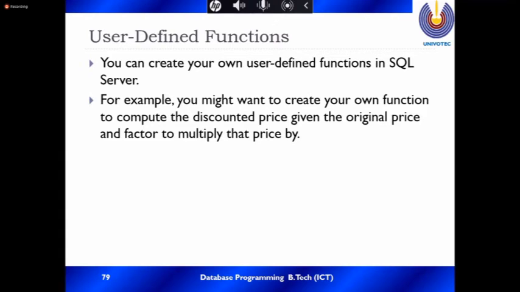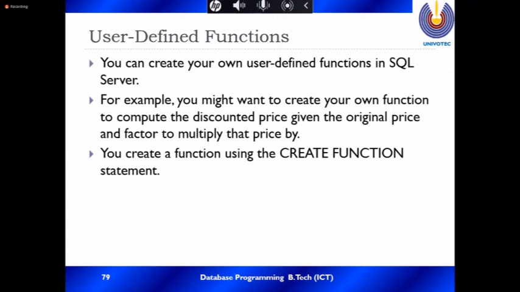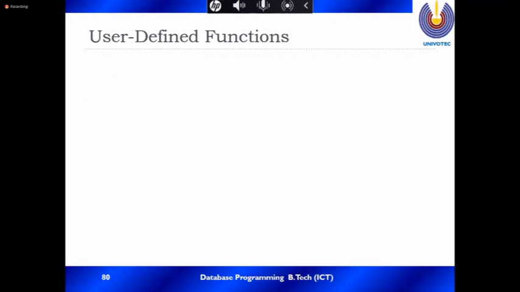Usually in the New Year season they run discount sales. Then you want to know how to do that, so we are going to write our own function. You create the function using the CREATE FUNCTION statement, and after that you can use it.